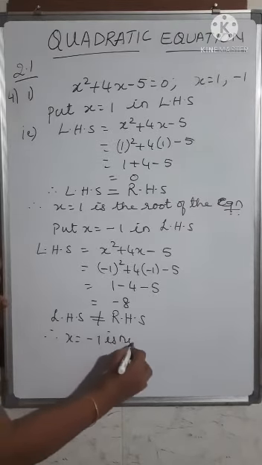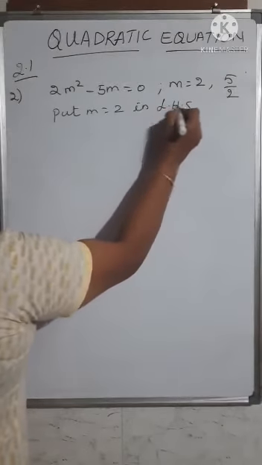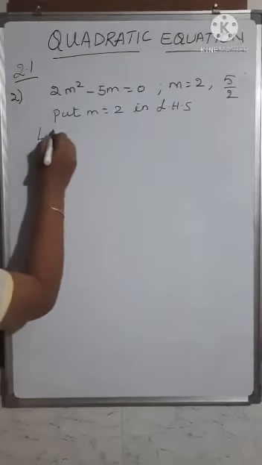Next equation: 2m square minus 5m equal to 0. You have to verify whether m is equal to 2 and 5 upon 2 are roots of the equation. For that we are going to put m is equal to 2 in LHS. So LHS is equal to 2m square minus 5m.